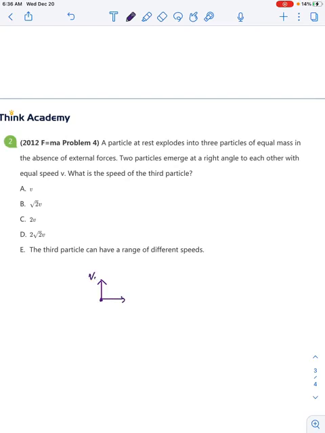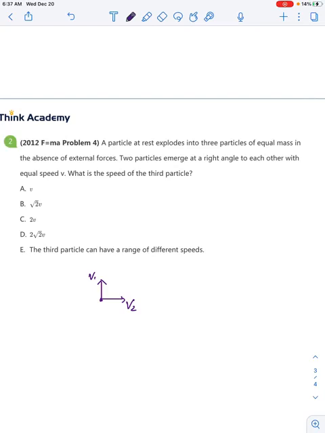This will be v1 and this will be v2. Then we also analyze what the other particle has to do. The first two are going up or down like this, and the other one has to balance all of them.